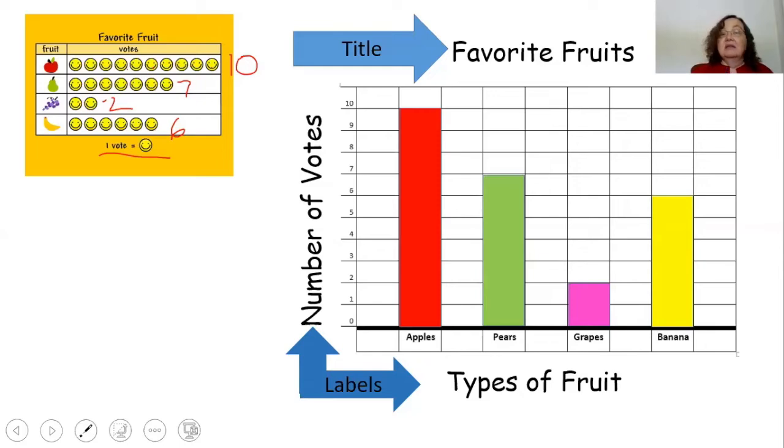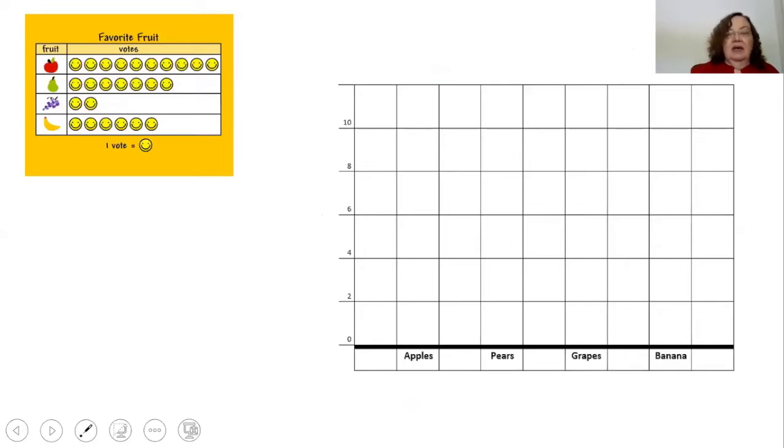And I can still answer questions like, what had the most votes? Apples. And what had the least amount of votes? Grapes. Okay. So what if I take this same data, but this time I have increments of what?